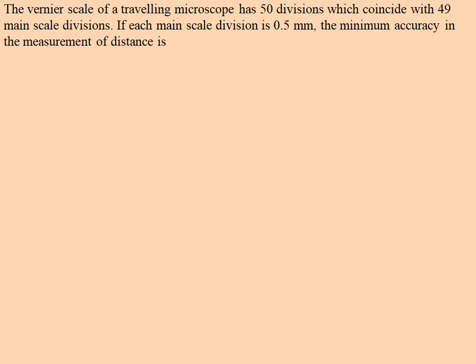Now the next question is like this. The vernier scale of a traveling microscope is having 50 divisions which coincide with 49 main scale divisions. That means 50 VSD is equal to 49 MSD.